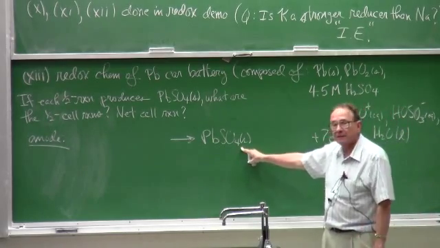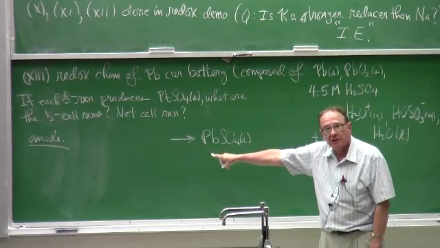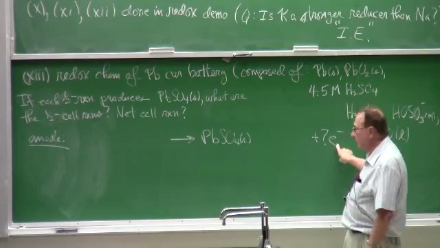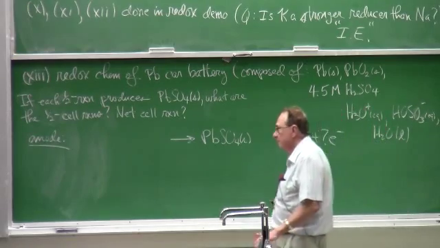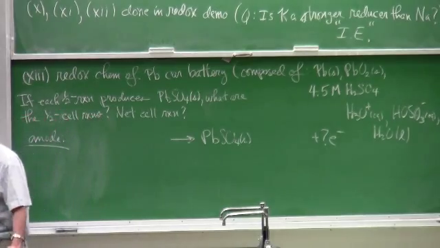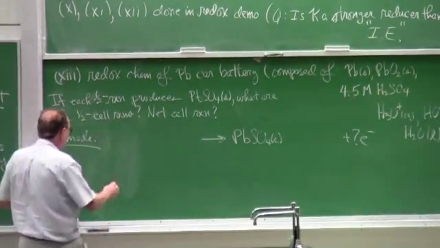Lead sulfate's a product, and this is the half reaction which shows oxidation, so electrons are also part of the products. What's getting oxidized? Lead.